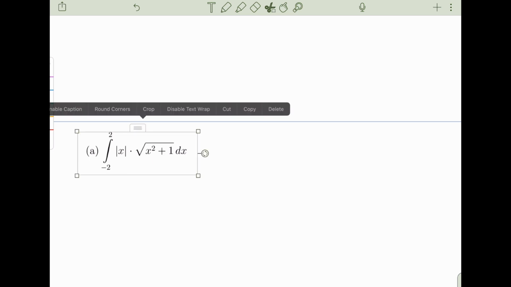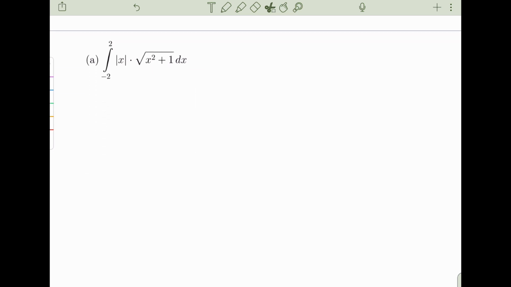Whenever we see something like symmetry, we need to think of even functions and odd functions. And the function here is apparently an even function. That is because when you input negative x, the output is the same as when you input x, right?